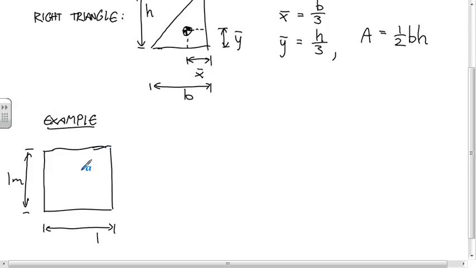So now we're going to remove a circle from that square. I'm going to call this body 1 and this body 2. So this shape is a circle removed from a square.